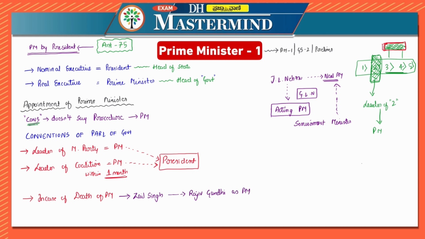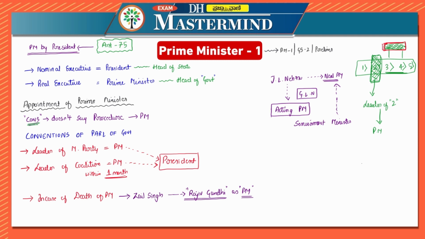They appointed Rajiv Gandhi as prime minister. Now, when they are appointed as Prime Minister, they have to prove their confidence also, correct? So, when the parliamentary party meeting was called of the Congress, they elected Rajiv Gandhi as the leader and hence the Prime Minister at that particular point of a time.